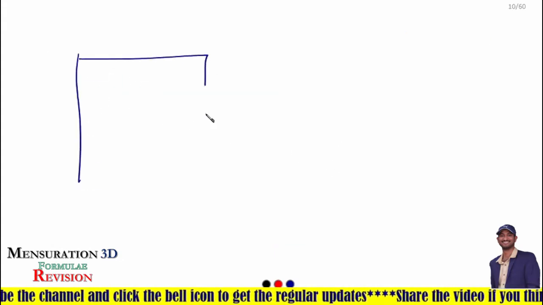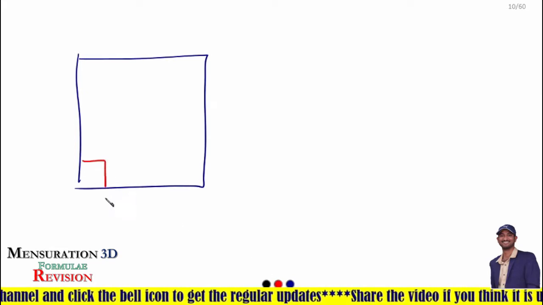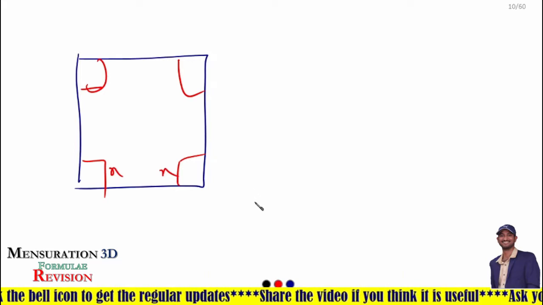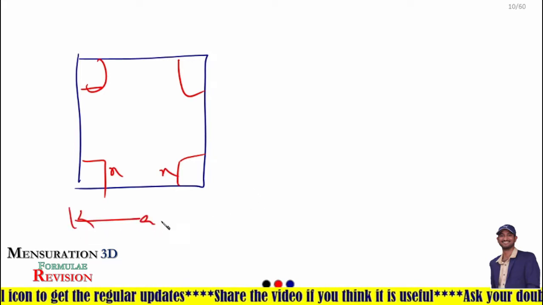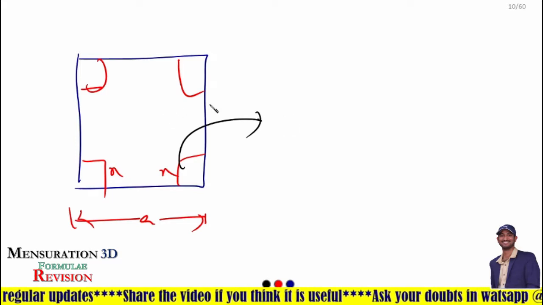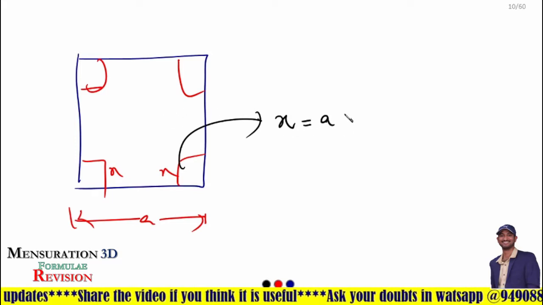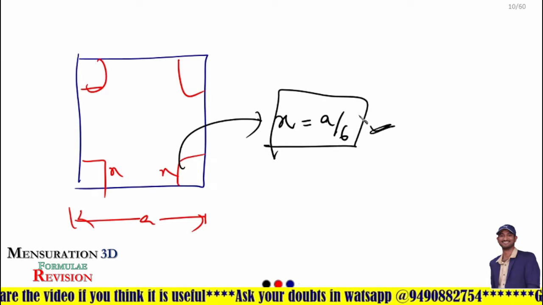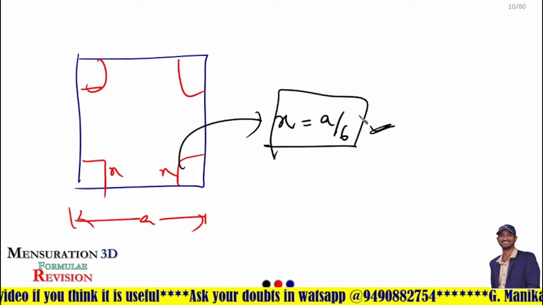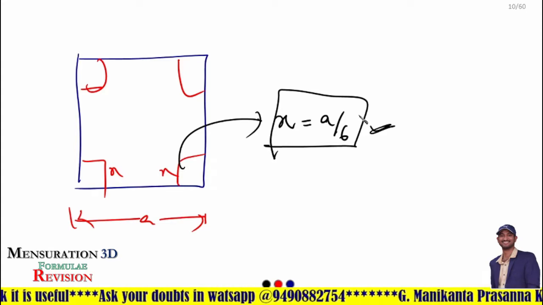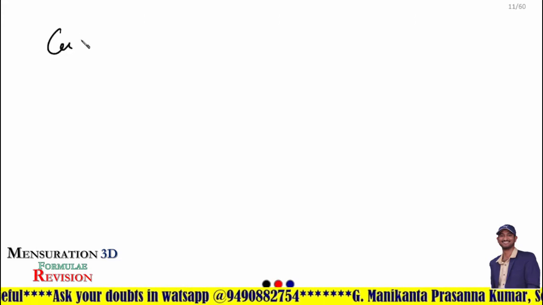And if it is a square sheet with side A, cut at the four corners with squares of side x, then to get the maximum volume of the open box, the x value should be equal to A by 6. This is very, very important in SSC CGL Tier 2 exam. Is it clear?